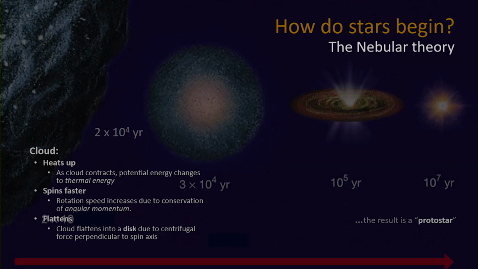But as this thing is spinning, there's a centrifugal force that's going to oppose that perpendicular to the spin axis. And so this flattened disk is going to form around our young protostar at this point in time. Later on, that disk may form planets.